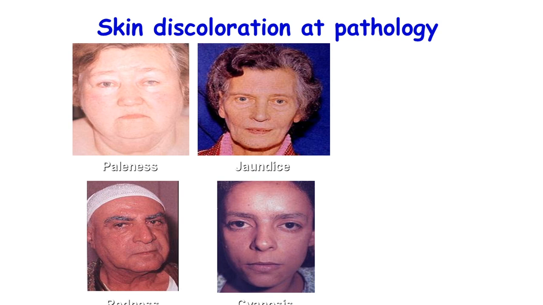Paleness is characteristic of anemia, or jaundice of liver cirrhosis. Redness may be characteristic of arterial hypertension, or an increase of red blood cells in blood. Cyanosis is characteristic of heart failure.